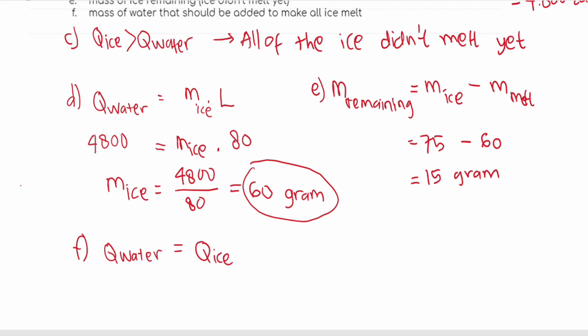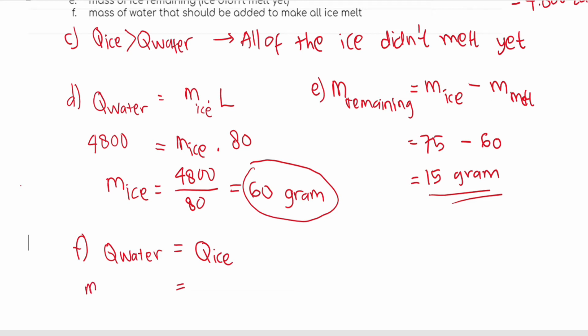Okay, because we just have 50 grams remaining of the ice, we are only calculating the mass of water needed to make the 50 grams of ice melt.